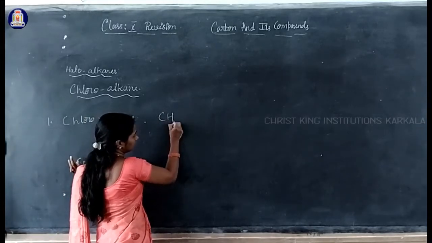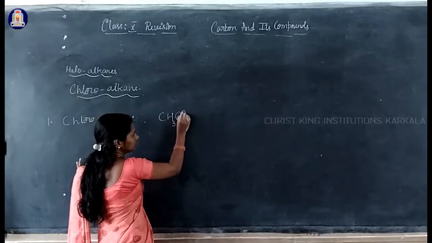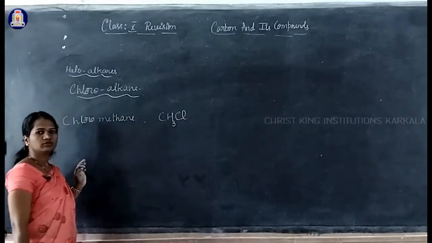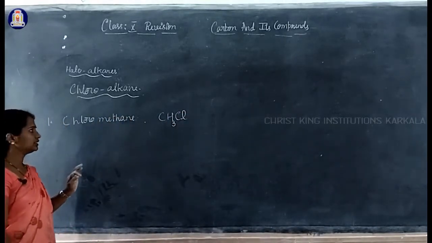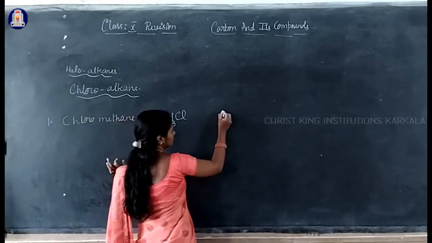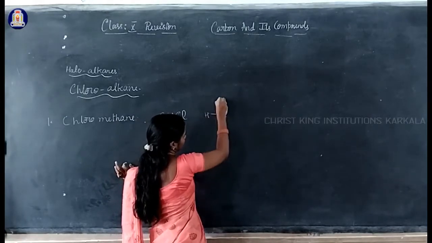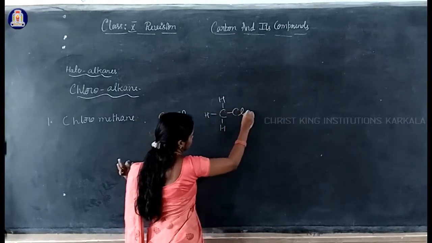In that, only 3 hydrogens remain, and in one hydrogen's place Cl, chlorine, is added. So the formula is CH3Cl, chloromethane. Its structure we can write as C, 3 hydrogen and here Cl.